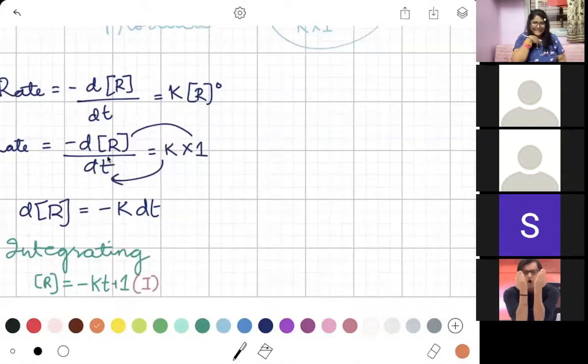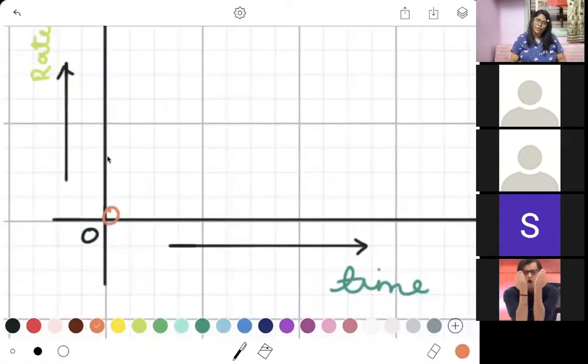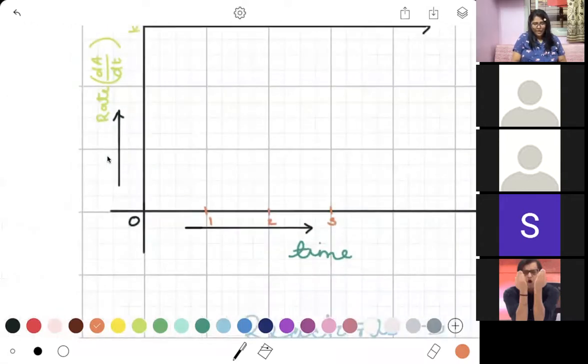Now, if I say that at a particular period of time my concentration of a reactant is a certain number, which means that if I talk about time 0, and say this is 1 minute and this is 2 minutes and this is 3 minutes, the concentration of my reactant is going to be at its highest point, right?